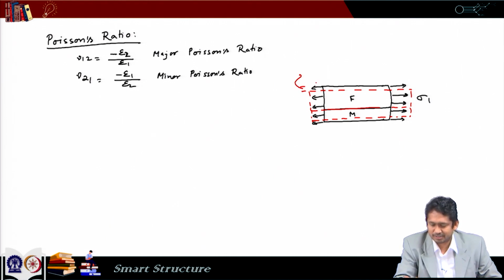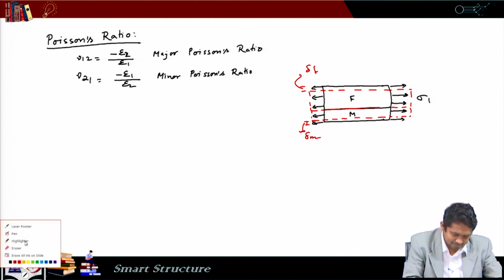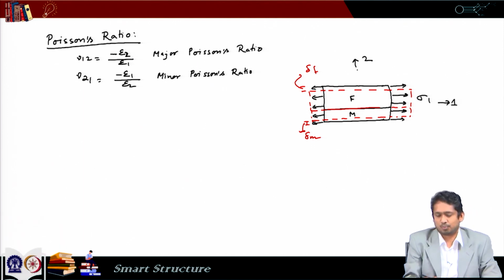The contraction along direction 2 of the fiber part, let us call it delta f, and of the matrix part, delta m. And then we have this as our axis 1 and this as our axis 2.